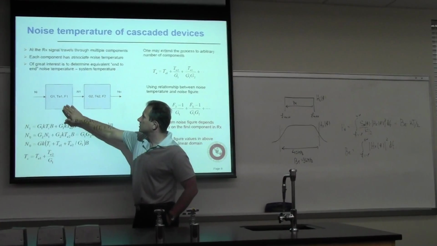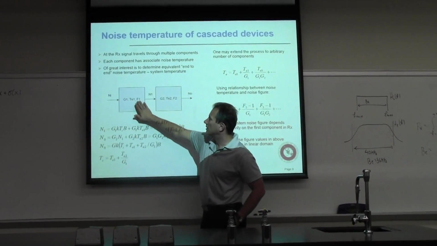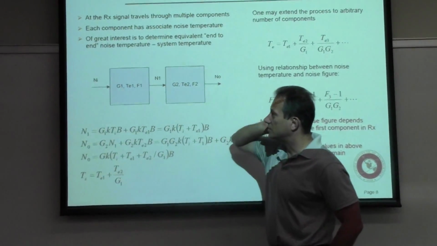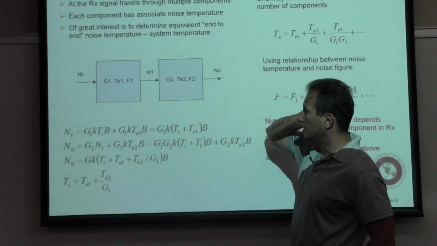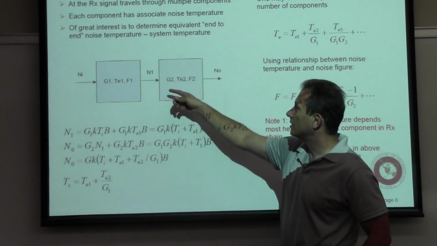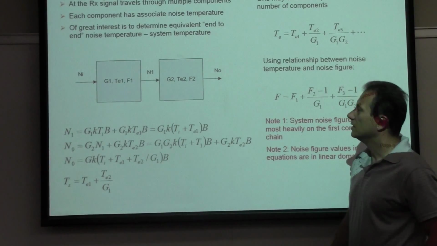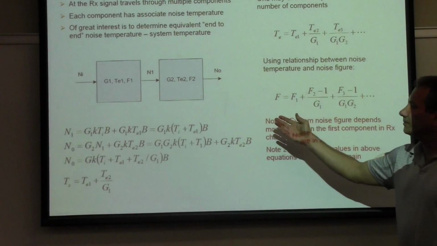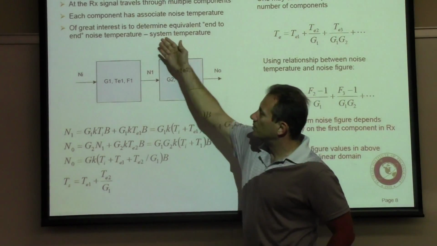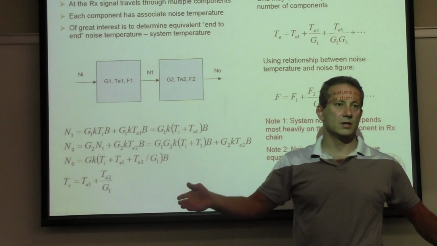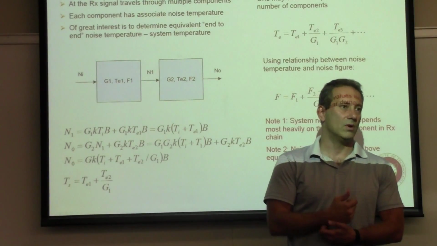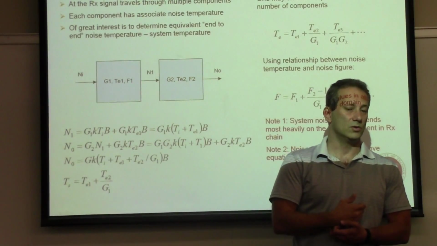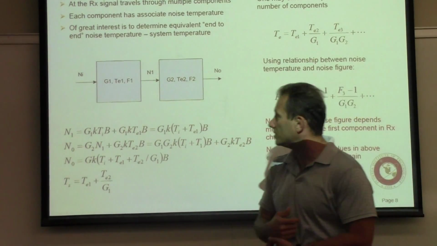The first one has gain G1, equivalent noise temperature Te1, and F1 is its noise figure, and then the second one comes with its own set of parameters. So what is the objective? The objective is to replace these two with one system with one gain and one equivalent noise figure or noise temperature.